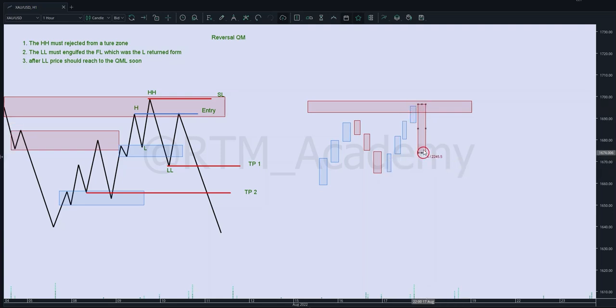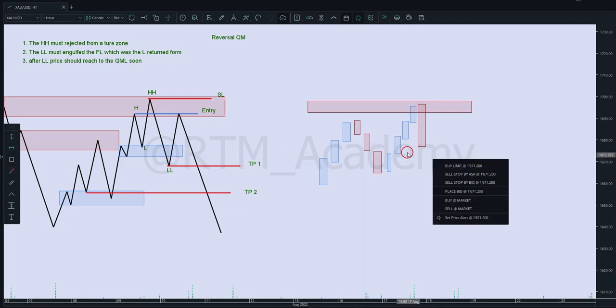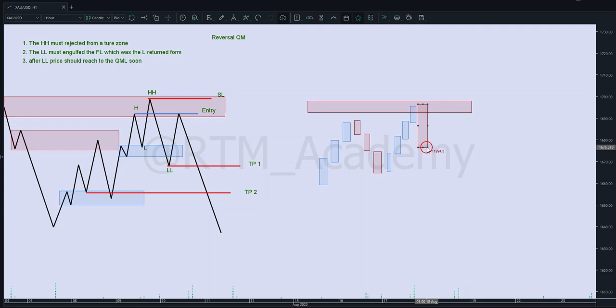And guys, in the previous video we talked about the conditions of having a good engulfing candle. So this is a really important condition and we should consider it every time you are going to trade a QM.